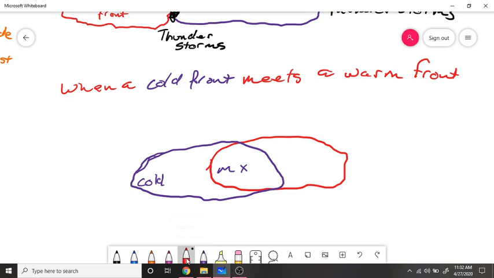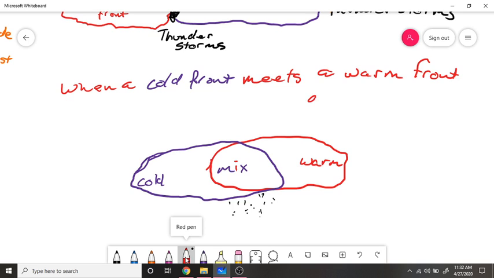And because it is displacing that warm air slowly, the warm and cold air mix. And what we have, instead of a big thunderstorm, is a lot of rain over a widespread area. So when the cold front meets the warm front, we get mixing.